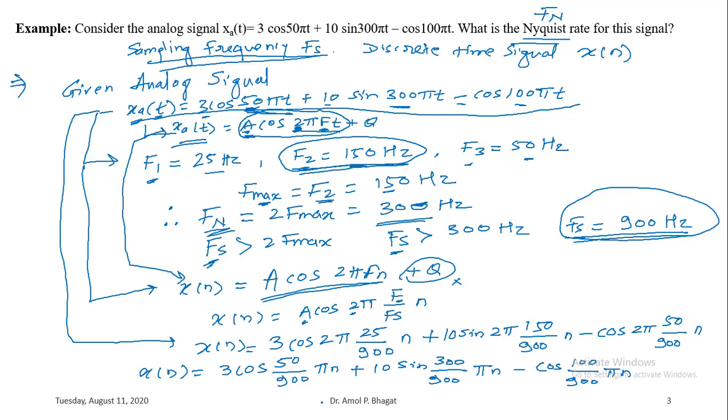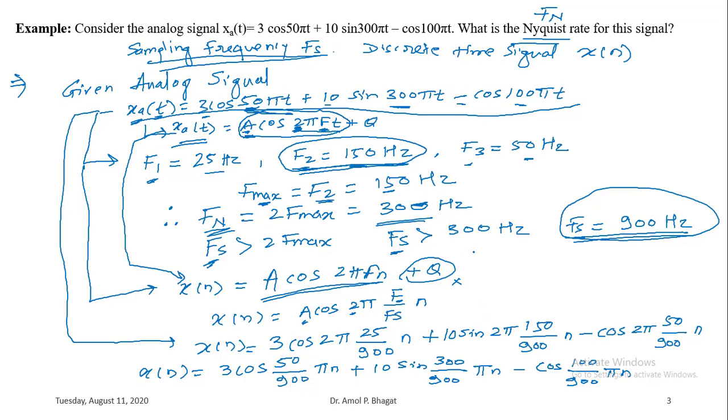And if you compute the values of this 50 by 900, so I can replace these values here, right, and write my actual discrete time signal.